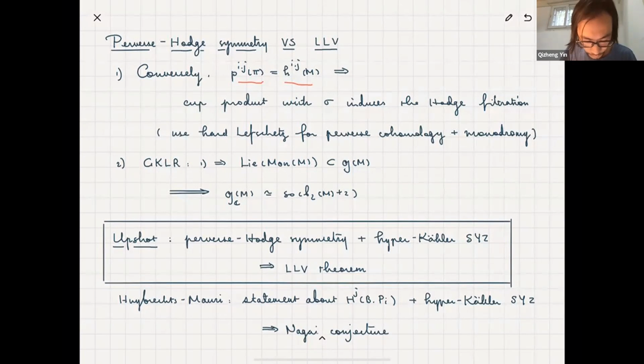And this is one result. If you continue this line of argument, then again, by applying Green, Kim, Laza, Robles, you can further show that the log monodromy also sits inside this Lie algebra that you define, and eventually you'll be able to reprove the LLV theorem.